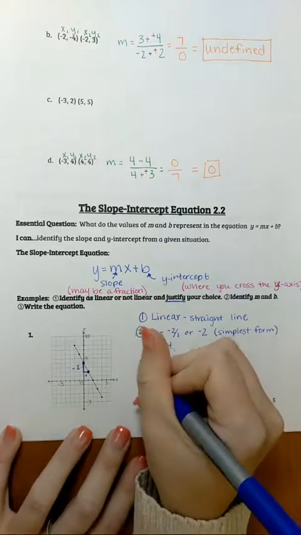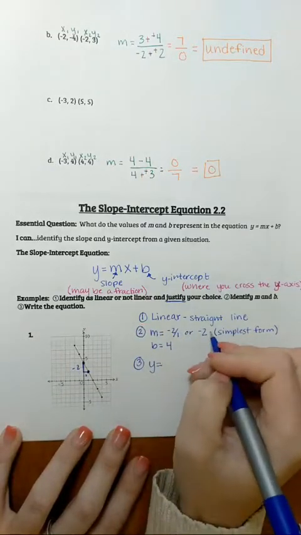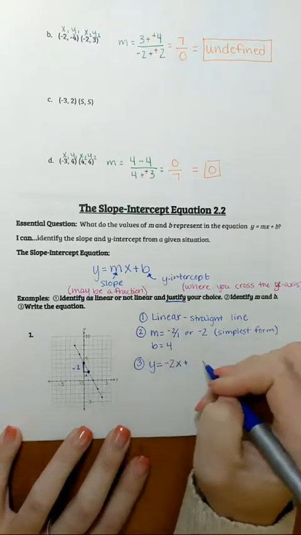And then we need to write the equation. So y equals our m, negative 2x, plus our b value, which is 4.